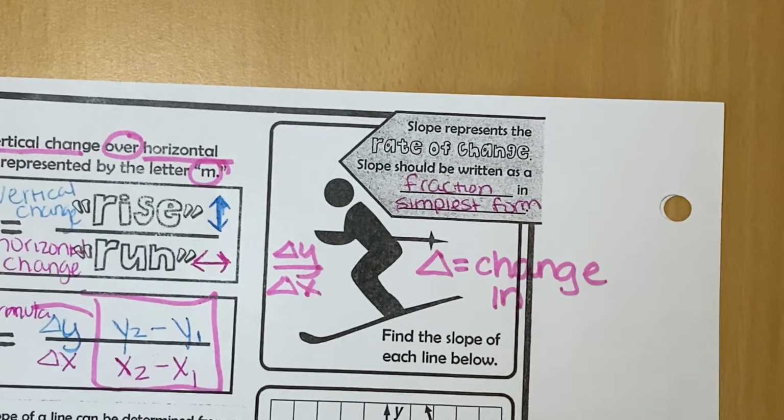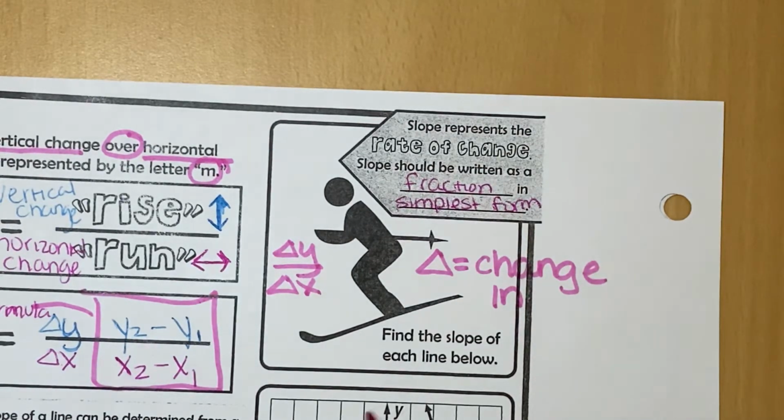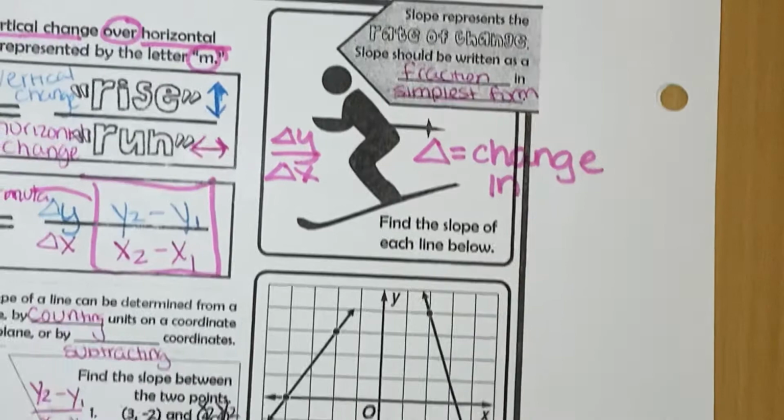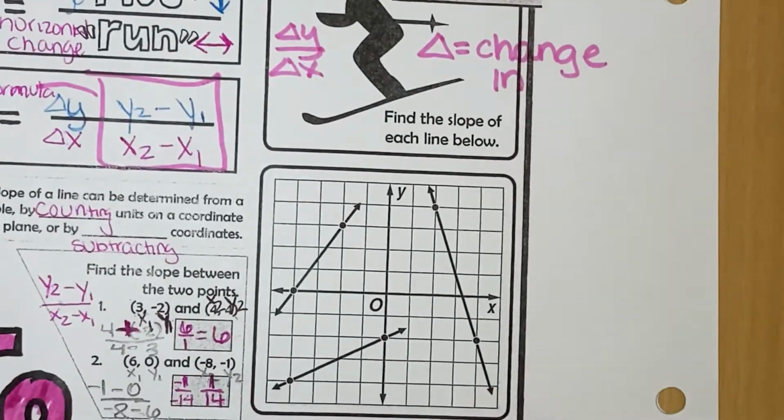It is the change in y over the change in x. That is the fraction that we need to find the slope of each line below, okay? So let's go right below. We are looking at a graph, okay? These are familiar things. It wants us to find the slope of these lines below, but the first thing that we need to do with these lines is to find the points on these lines, okay?